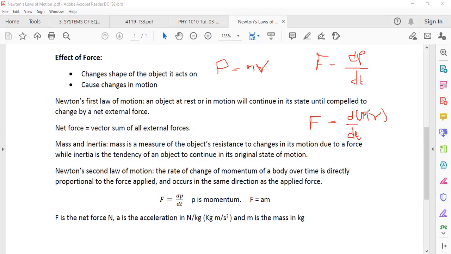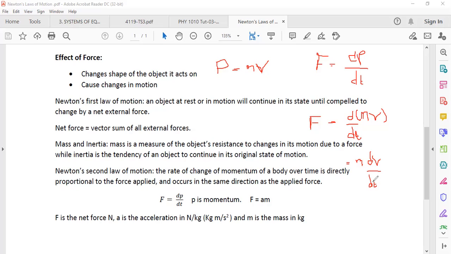Since M is the mass, mass does not change with respect to anything unless you cut off something from it, changing its mass. So we can factor out this mass because velocity and time are related. In this case, we would have M, change in velocity with respect to what? Time.